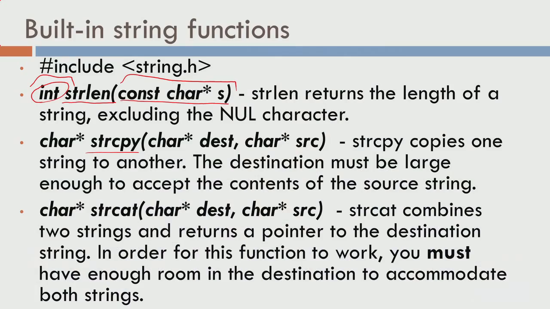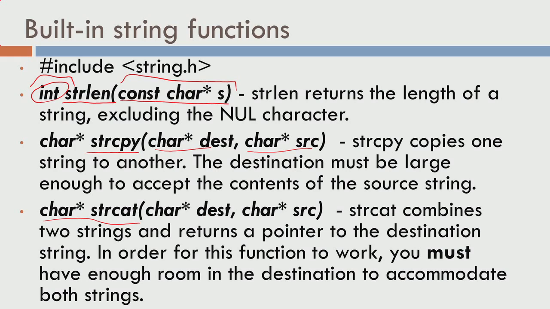There is a function called strcpy. You take two parameters, char star destination and char star source. If you give strcpy of a comma b, it will copy the contents of b into a. So clearly destination must have a size which is at least as large as the size of source. Finally, there is another function called strcat.